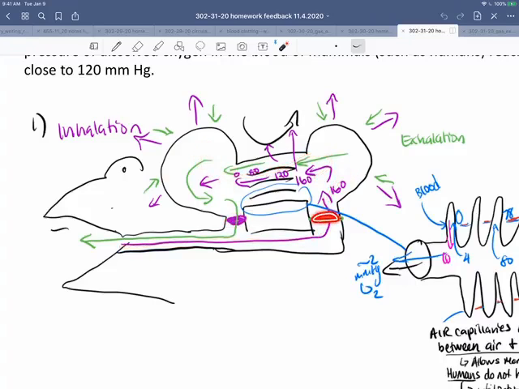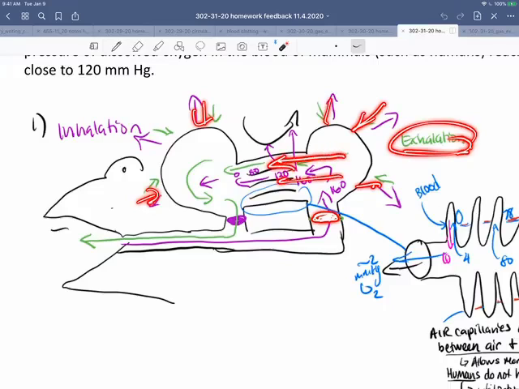But during exhalation, this valve is closed. And so when all of these compress, that certainly pushes air from the posterior air sacs through the parabronchi, and the air that's in the anterior sacs is forced out. This is open right here. So air is forced out.